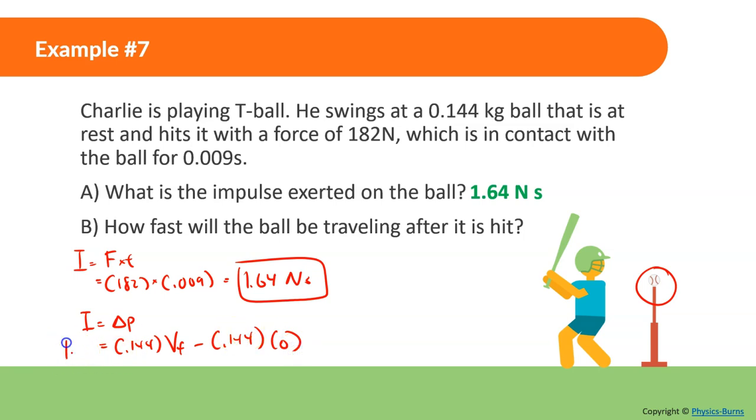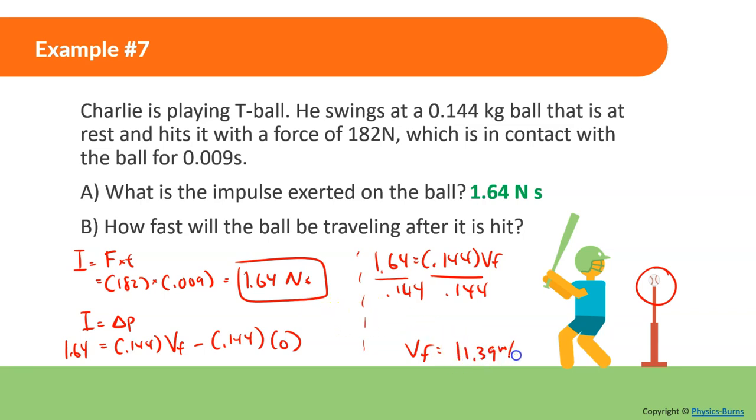And we know the impulse is 1.64. So 1.64 is equal to 0.144 times velocity final. Divide both sides by 0.144, and we get velocity final is equal to 1.64 divided by 0.144, 11.39 meters per second.